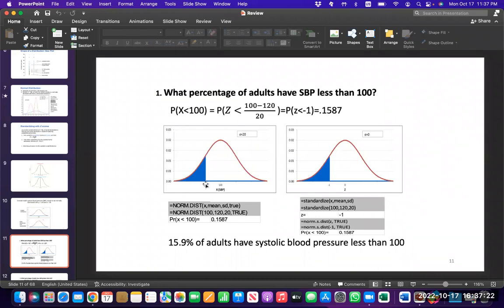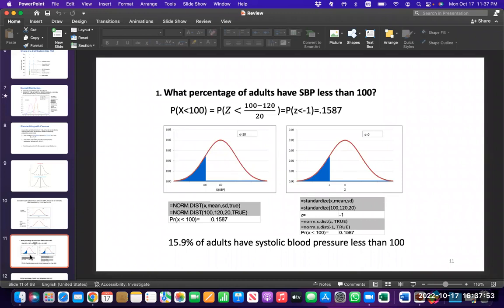So everything less than this x of interest will be expressed with the NORM.DIST function if you set cumulative as true. If you want to know everything that is above that value, you do the opposite. You calculate 1 minus that value, which will give you everything greater than this value.